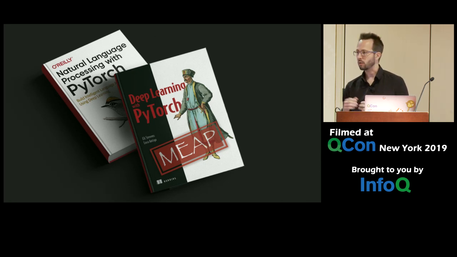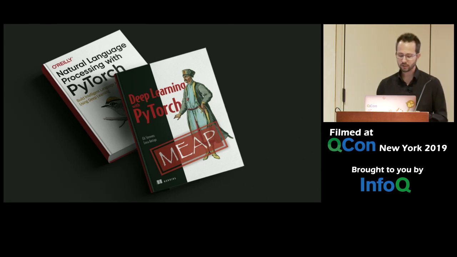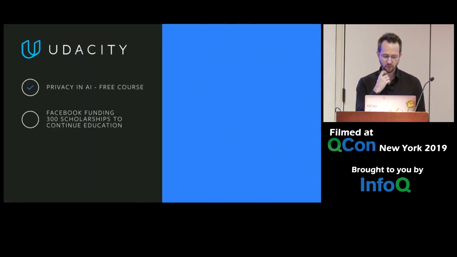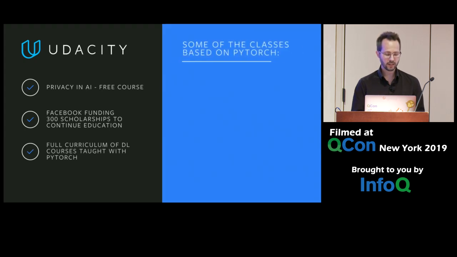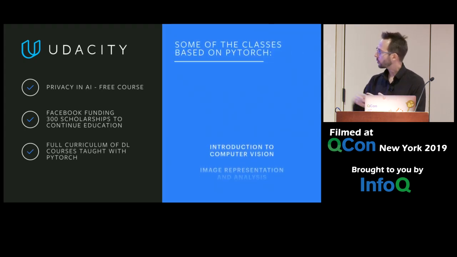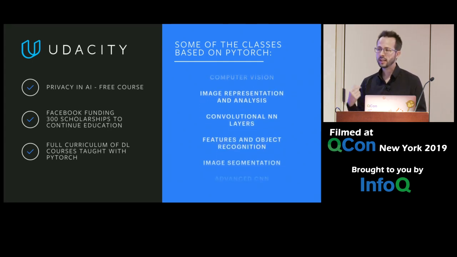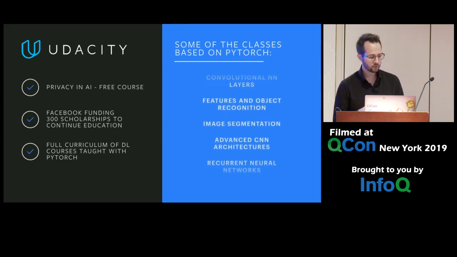Both of these books are great places to start in understanding how you can solve real-world problems using the best of PyTorch technology. I think I mentioned this a little bit in the panel, but we have some great courses as well. Udacity has worked with us on a whole bunch of courses. You can see them scrolling there, all the different topics you can study in Udacity using PyTorch.